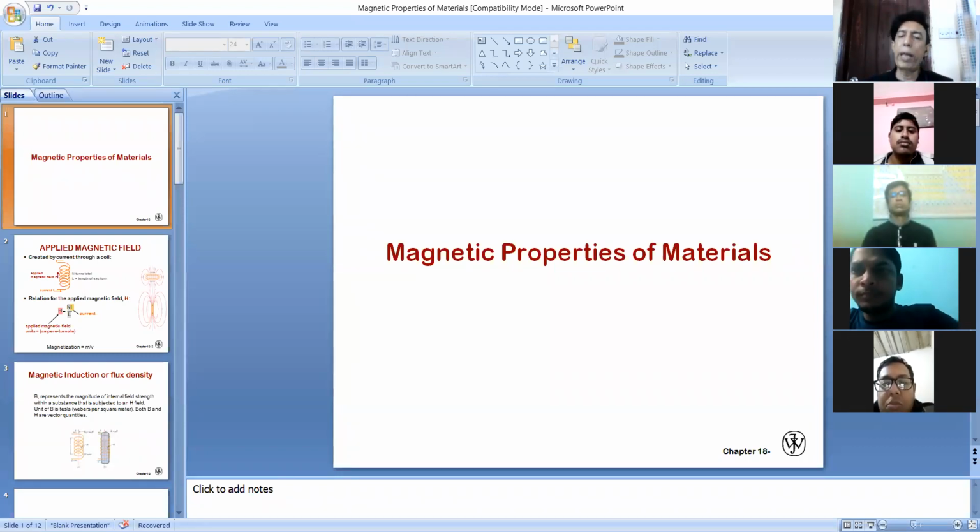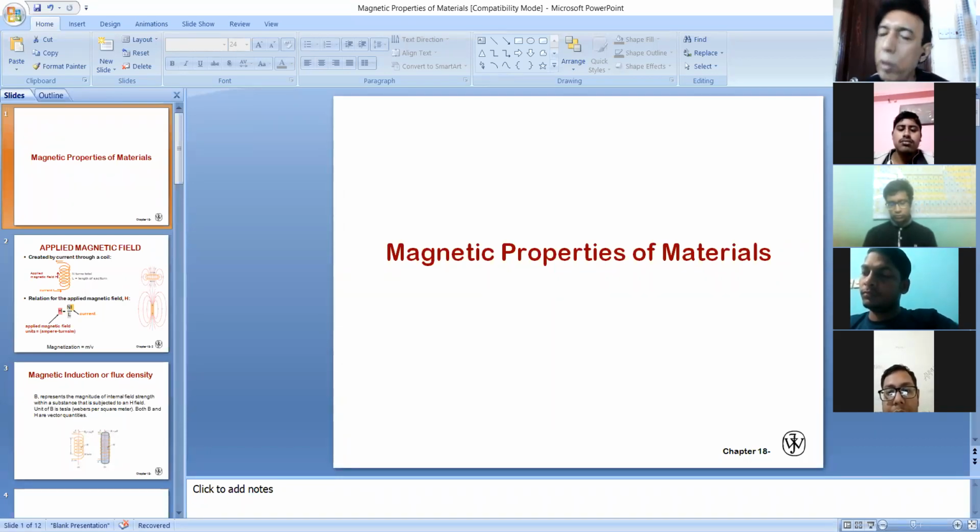Now, what can happen? The magnet can attract the material, or the magnet can repel the material, or the magnet can do nothing to the material.